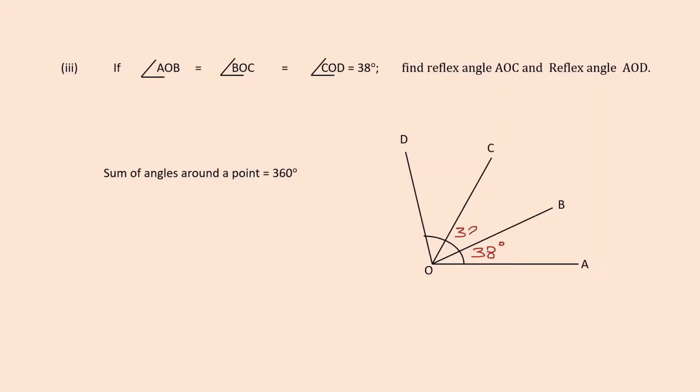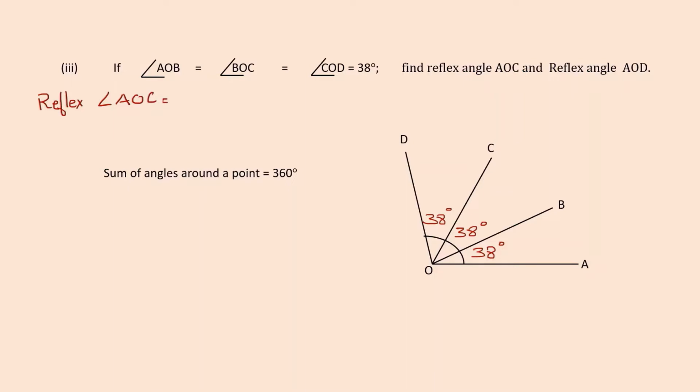So let's write that down. 38, 38 and 38 degrees. They're all 38 degrees. Now first we need to find reflex angle AOC. So let's find that first. Reflex angle AOC. Now which is reflex angle AOC?